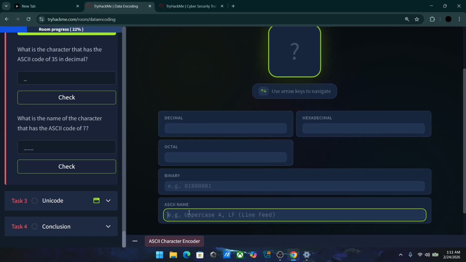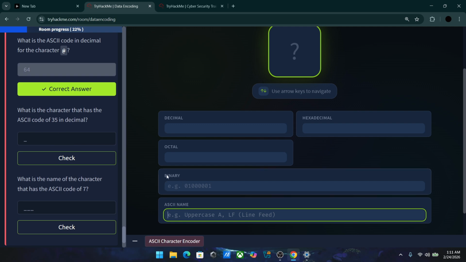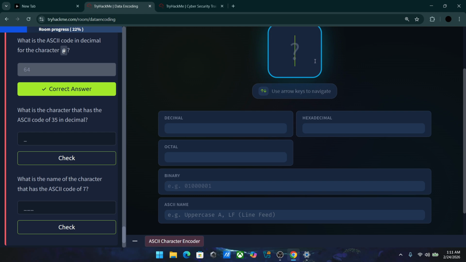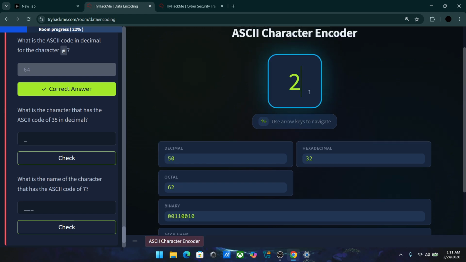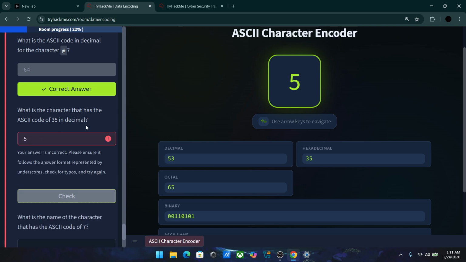Wow. Which is easier is, let's see, 2, let's see, 3 is 5. 30 might be 5. I don't know.